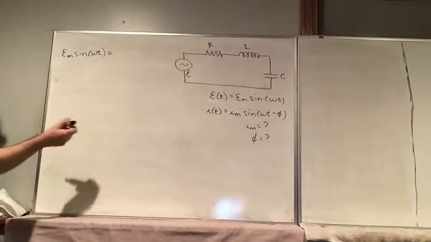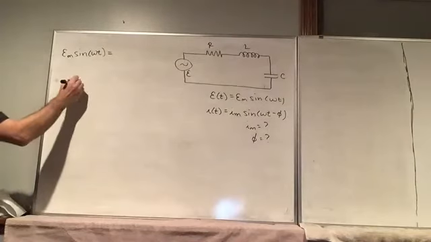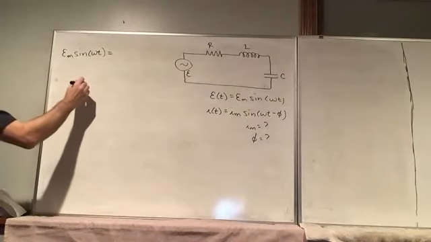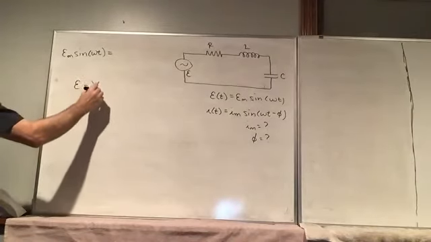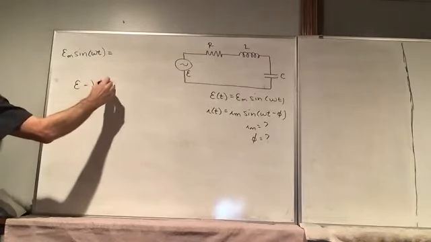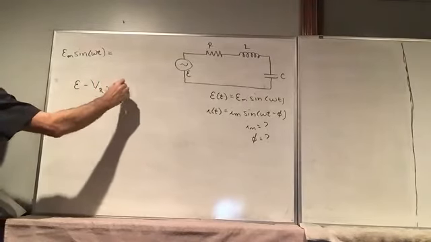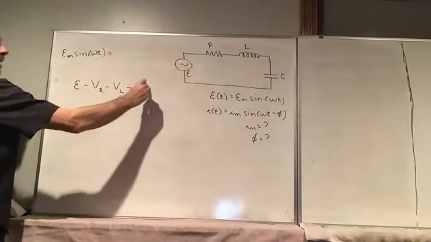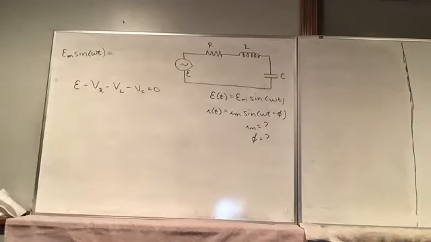But basically, you write it down this way: EMF of the power supply minus voltage drop across the resistor, minus the voltage drop across the inductor, minus the voltage drop across the capacitor. That's our loop rule that adds up to 0.